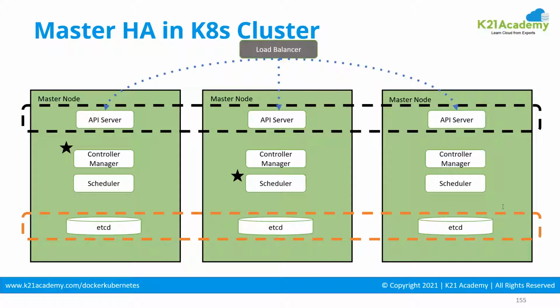So it is not a wise decision to keep all your master nodes in one region. In one region you can have multiple master nodes in different zones, but have at least a couple of master nodes at different places, so that in case something goes wrong, they will take care of your applications.